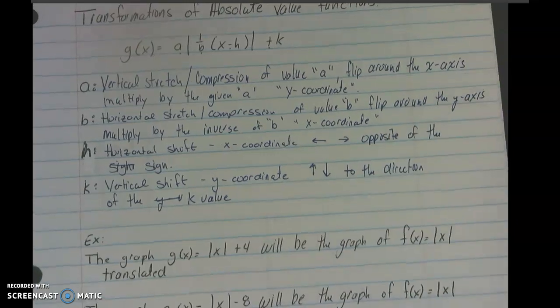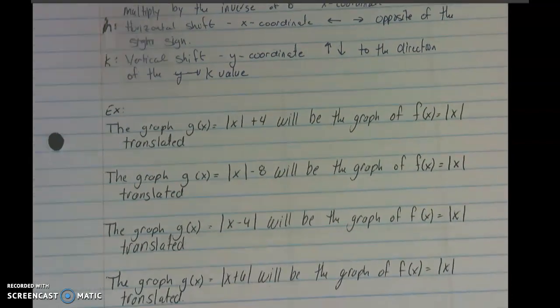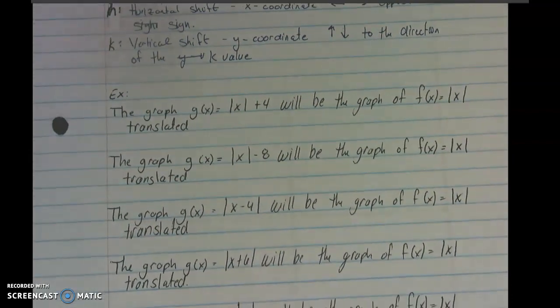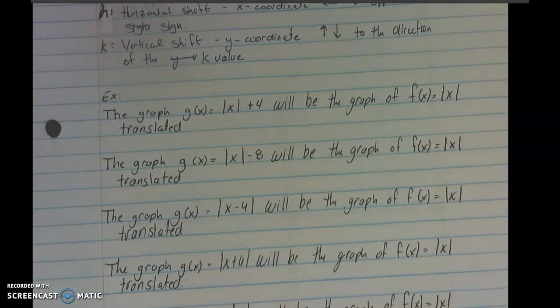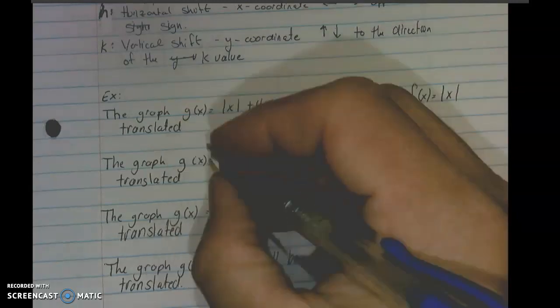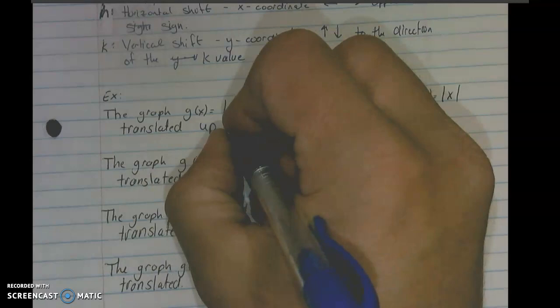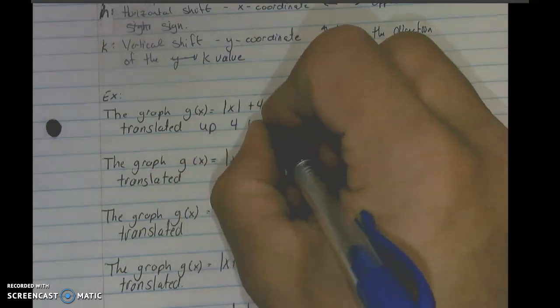Okay? All right, so if we look at our examples here, the first one says the graph g of x is equal to the absolute value of x plus 4 will be the graph of f of x is equal to the absolute value of x translated up 4 units.